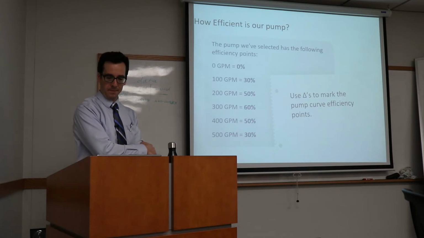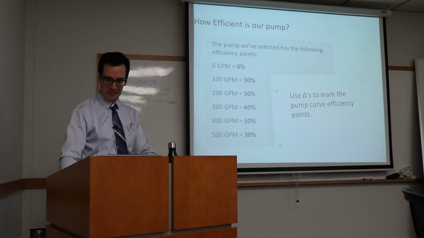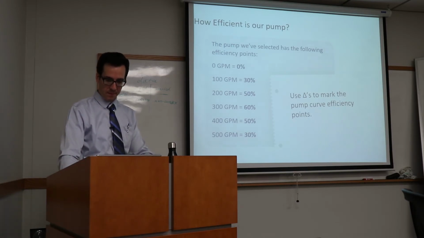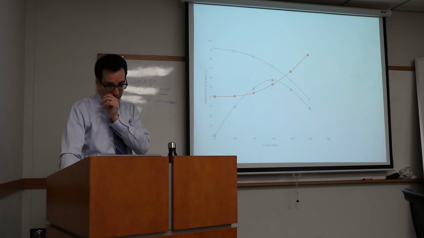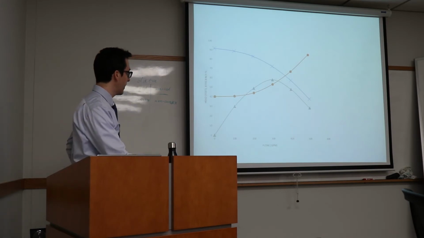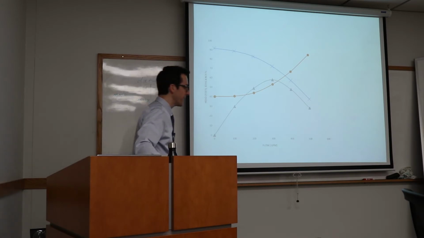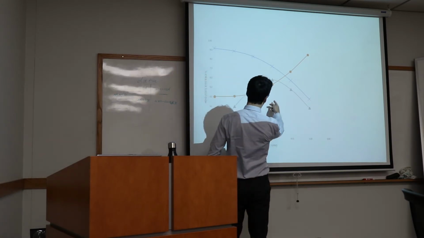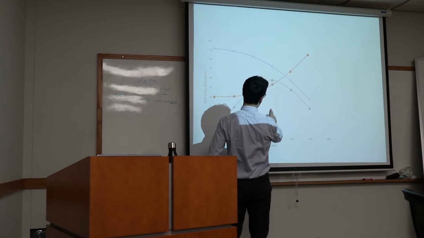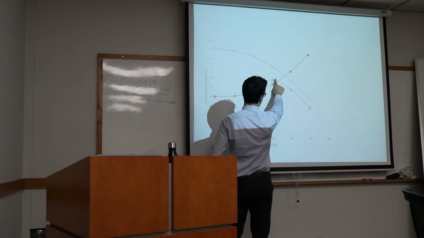You need to know which one's which. So, is this the optimal spot for the pump to run? No. Why not? Because it's on the downside. The optimal spot would be somewhere around 300, but we're a little farther to the right.